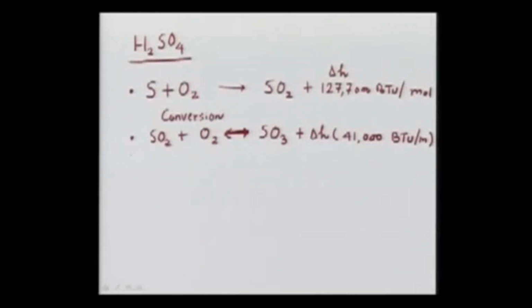Simple rule is: high conversion, less emissions. If I can say it in different words, if we are successful in making this reaction go forward, that's where the success is, from the air pollution point of view as well as from the production point of view.